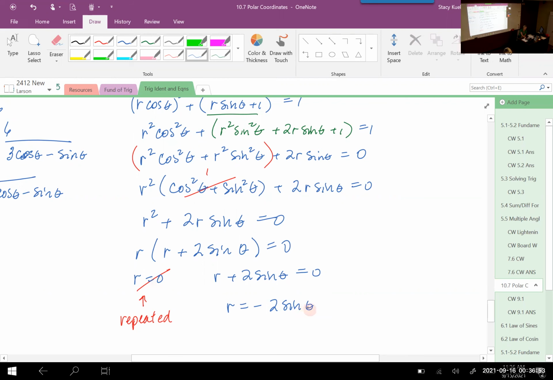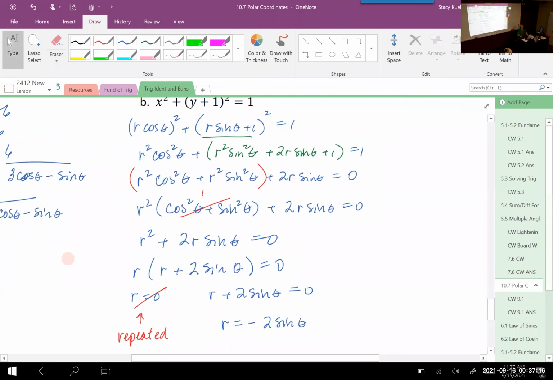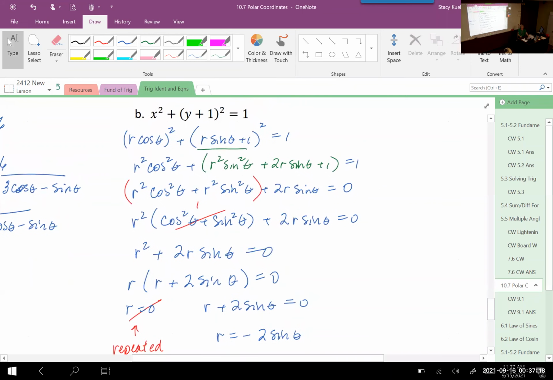If you were to substitute 0 in for theta, I believe that you would get 0 again as well in that spot. Yes, sir? Wouldn't that be one of the identities we learned yesterday? No, though you're thinking of a double angle. The 2 has to be on the inside next to theta to be a double angle. So the equation in polar form is r is equal to negative 2 sine theta.